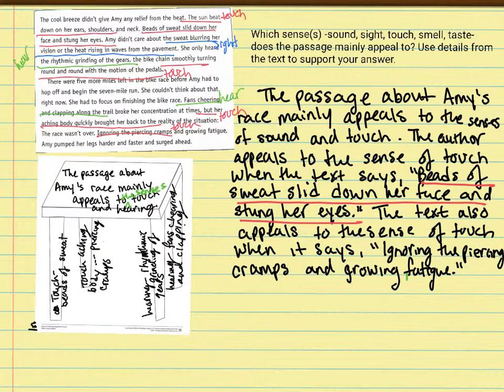Okay, so now I've added that the text also appeals to the sense of touch when it says, ignoring the piercing cramps and growing fatigue. With both of these, I can just feel it happening within my own body. I feel it just like it's written.